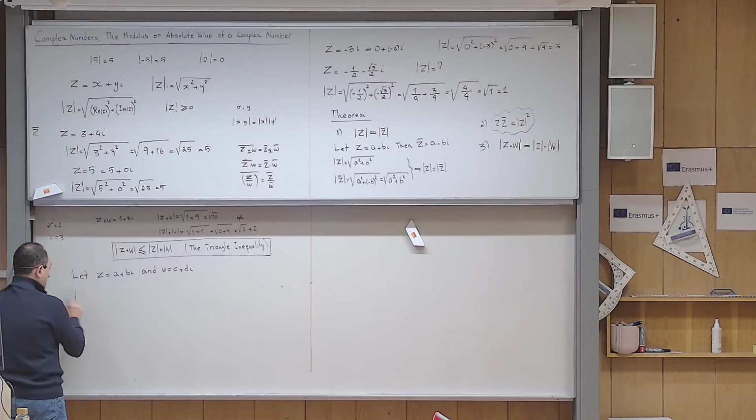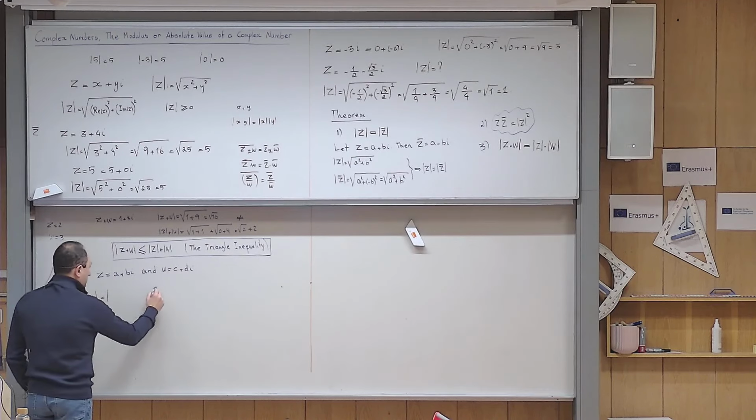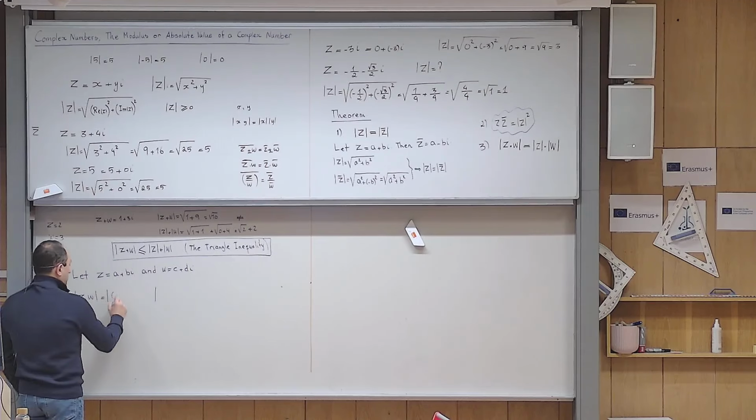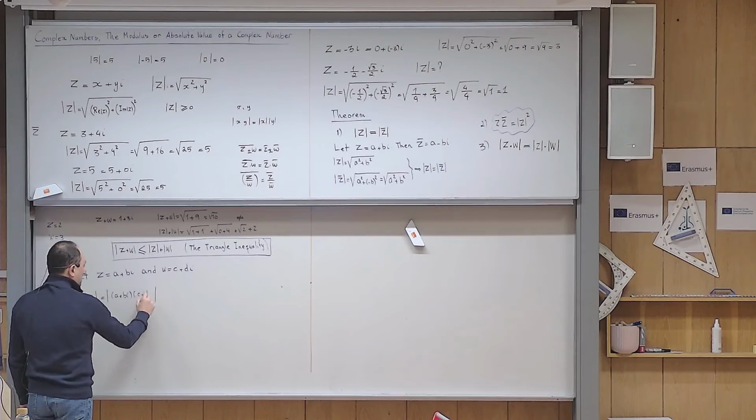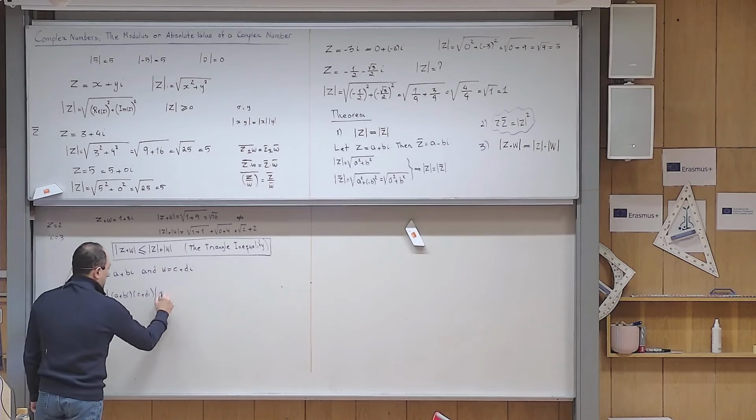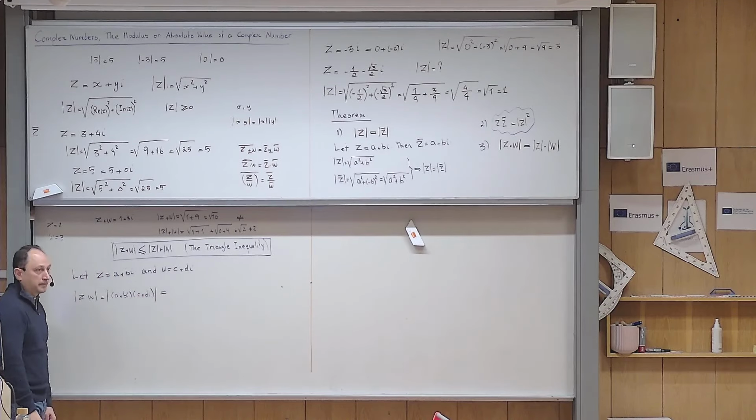So the absolute value of z times w is equal to the absolute value of z, this number, times w, that number. This is my left-hand side. How should I continue?